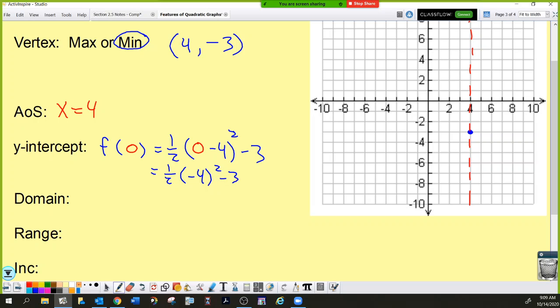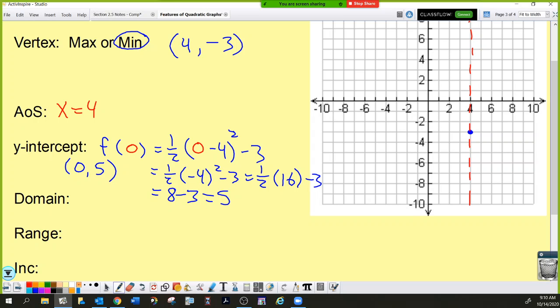PEMDAS tells me that I have to square that negative 4 first, which is 16. So it's negative 4 times negative 4. And half of 16 is 8. Our y-intercept is at y equals 5. That happens at 0, comma 5.